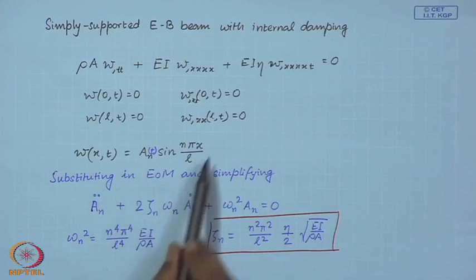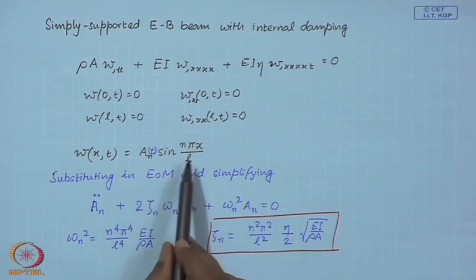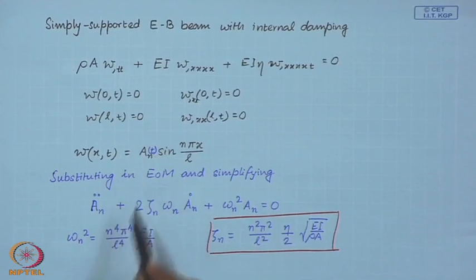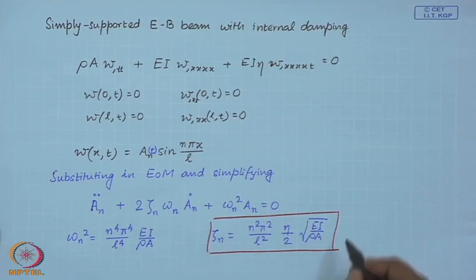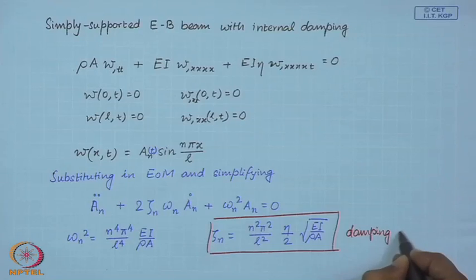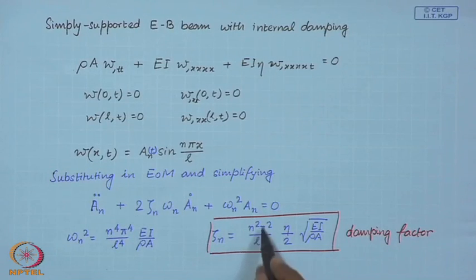So, if you consider that the beam is vibrating in the nth mode, then the equation of motion for that mode, the modal dynamics, is governed by this equation, where the natural frequency is as expected, but there is a damping factor which we find is proportional to n square.